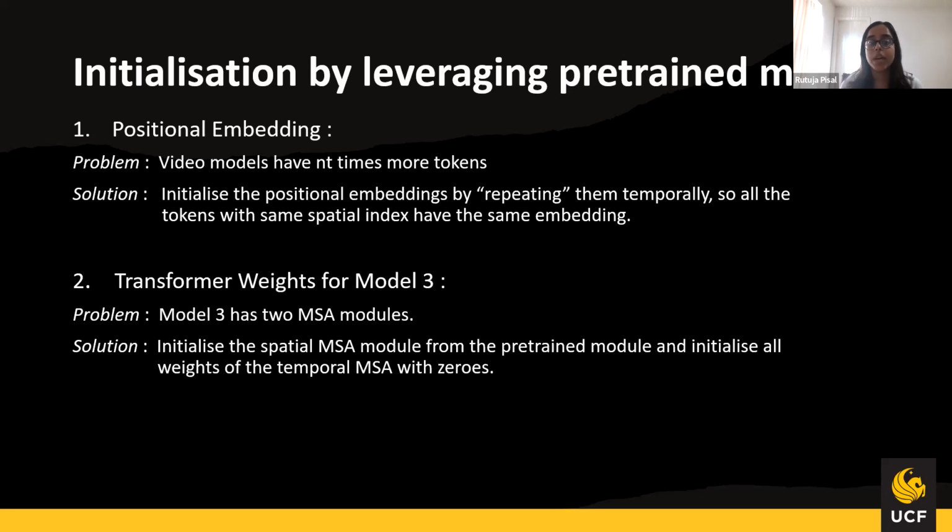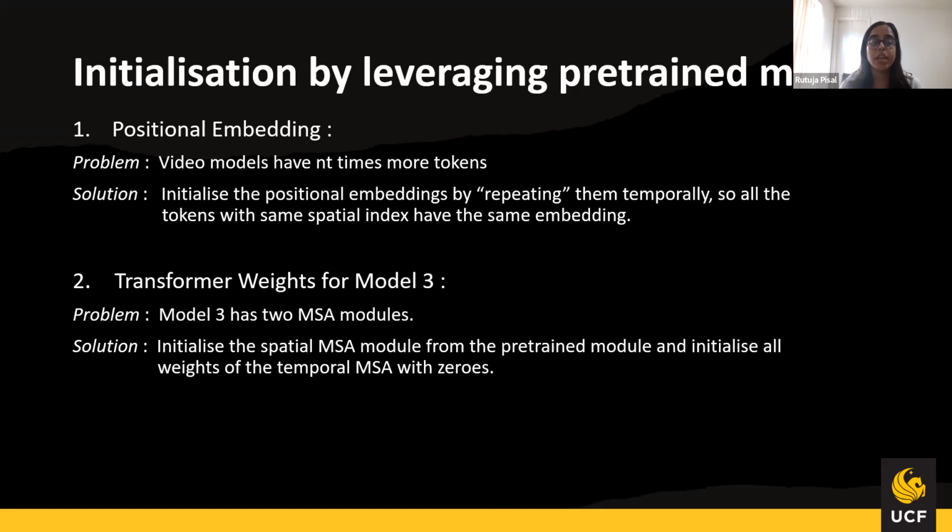And they overcame this by initializing the positional embedding by repeating them temporally, so that all the tokens with the same spatial index have the same embedding. So throughout the frames, every spatial token having the same spatial index will have this same embedding.